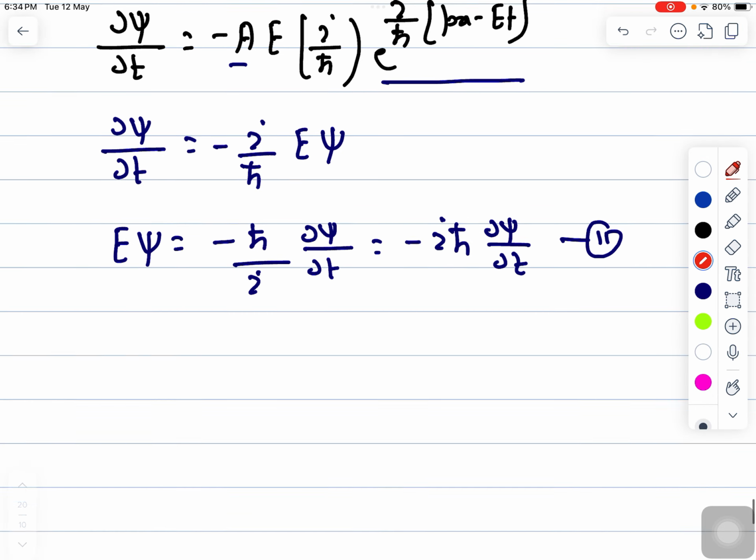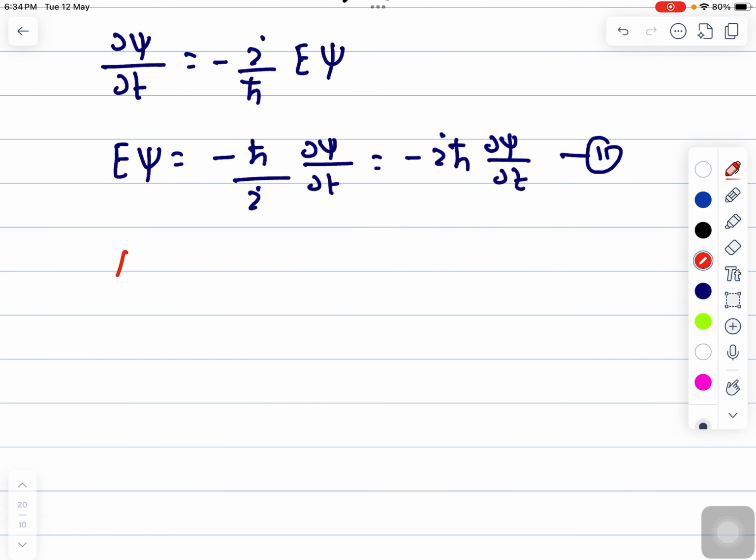And now what will happen, applying first and second in the conservative principle.